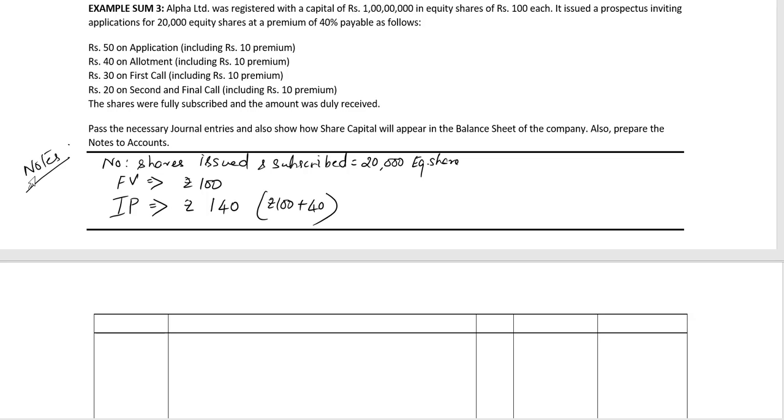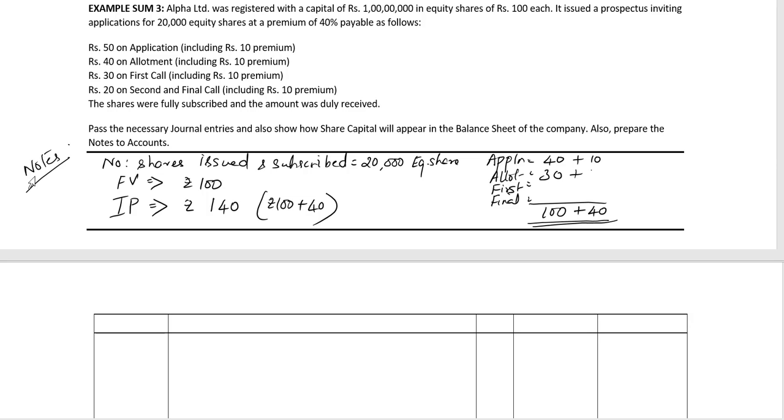Let's break down the installments. We have application, allotment, first and final call. We know this should total up to 100 plus 40. Application is 50 rupees. It includes 10 premium. So it's 40 plus 10. Allotment is rupees 40 including 10 premium.